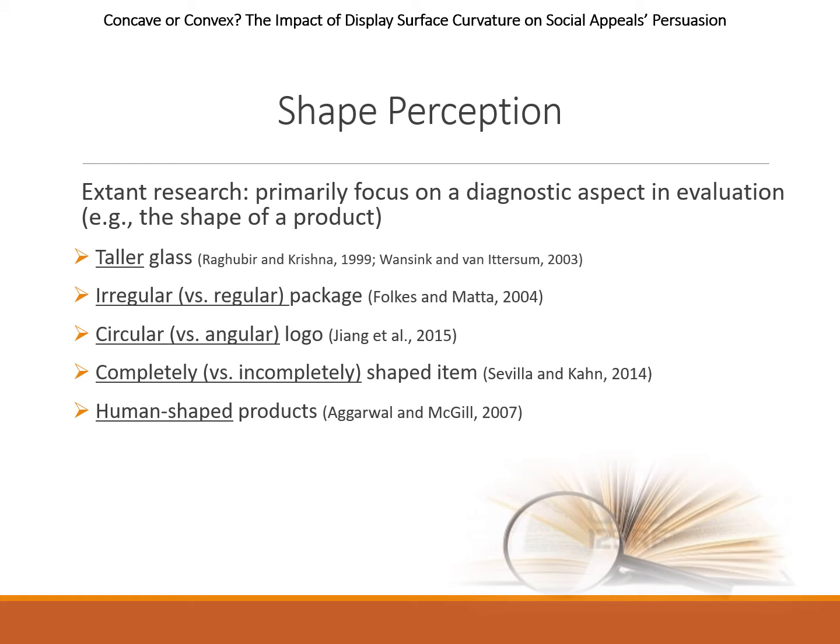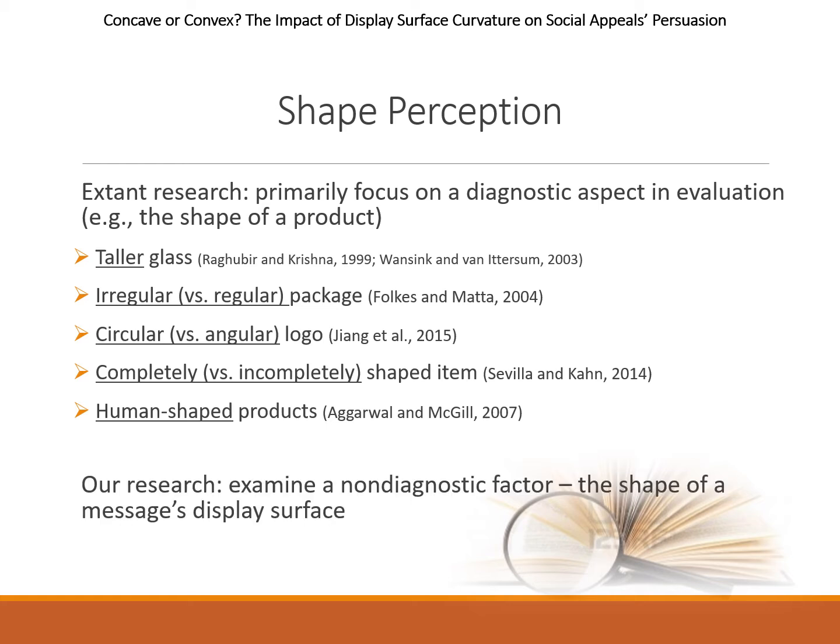A variety of shapes have been studied, including tall and wide shape, regular, irregular shape, circular, angular shape, complete, incomplete shape, identical, unique shape, anthropomorphized shape. But little attention has been directed toward understanding how the shape of a message display surface, which is not diagnostic in message persuasion, would affect consumer responses to the message. So our research also fills this gap.